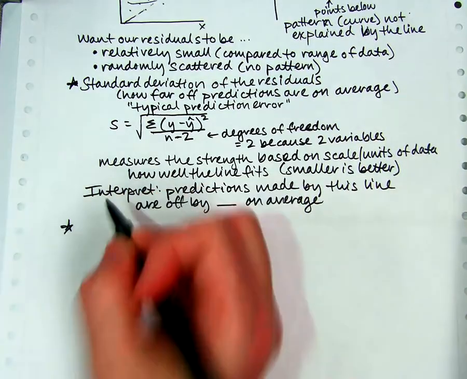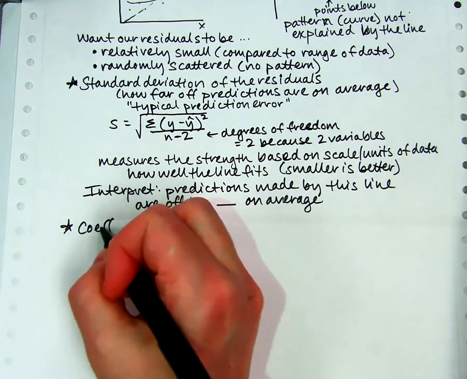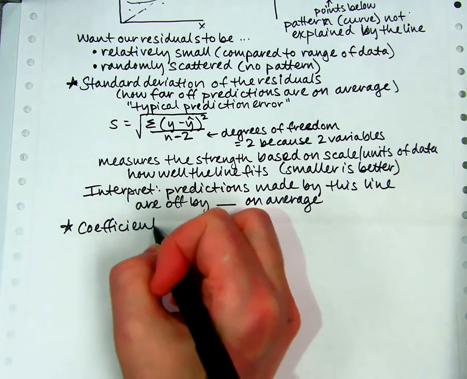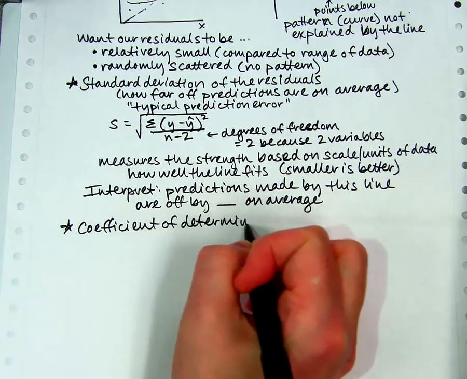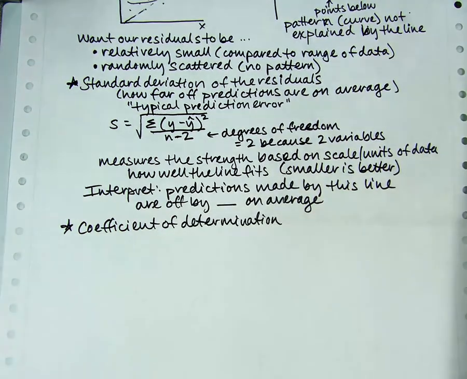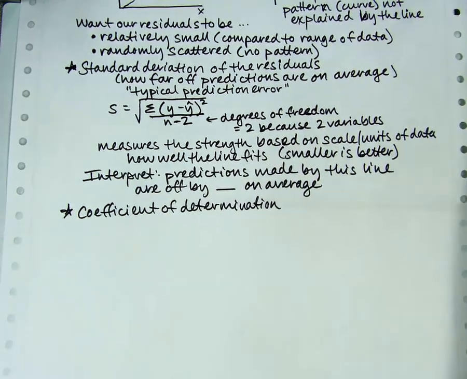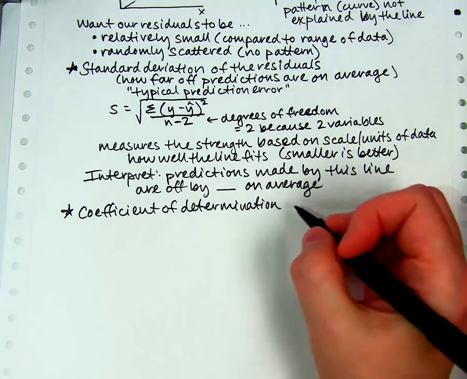The second one that we need to learn how to work with is called the coefficient of determination. And that's not talking about the psychological determination, I'm so determined to do this, but determination as in determining how well this line fits. So that's what it's talking about.